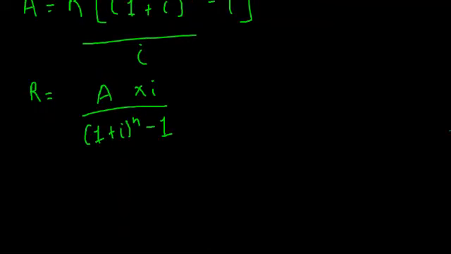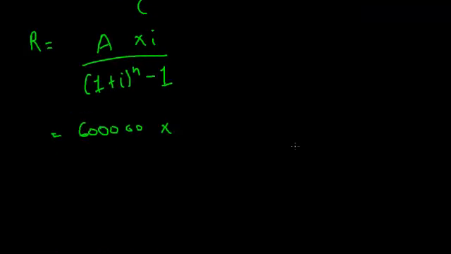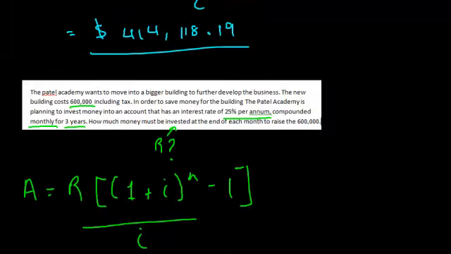Now we just use the values we have. $600,000 times the interest rate, which is 25%. However, we should remember that it's compounded monthly.